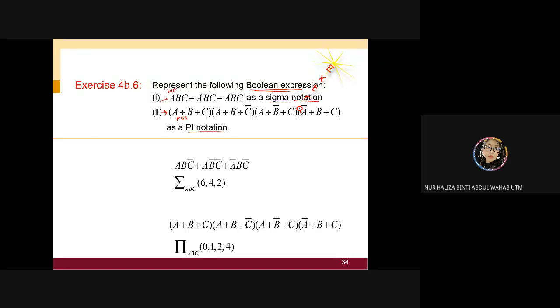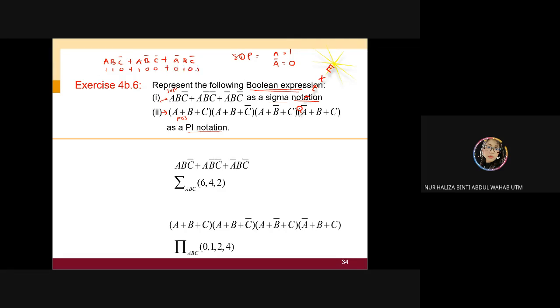So from here you have our first question: A B C bar plus A B bar C bar plus A bar B C bar. Remember our SOP: A will be 1, A bar will be 0. Now I put my values here: 1, 1, 0 plus 1, 0, 0 plus 0, 1, 0.